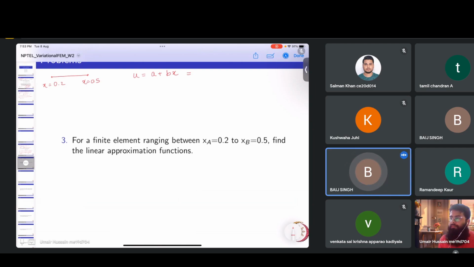In natural coordinate systems, or in global coordinate systems and local coordinate systems. No, I'm not talking about local and global. In general, we have some element, so we can take a reference point that is origin, and then we can place x at a distance from that origin.